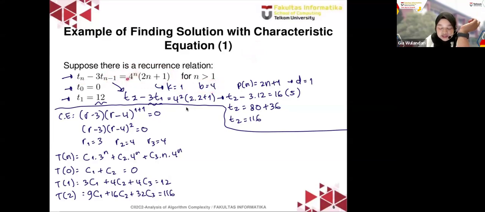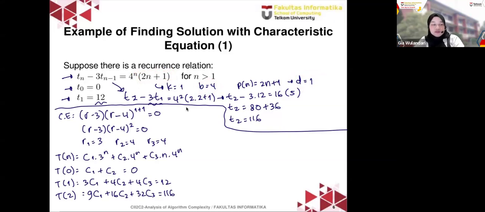If it is nothing, then b will be 1. If it is 7, for example, then b is 7. Just find something to the n. So that is b. The polynomial is whatever we have next to it, and that's how we can get the degree of the polynomial.